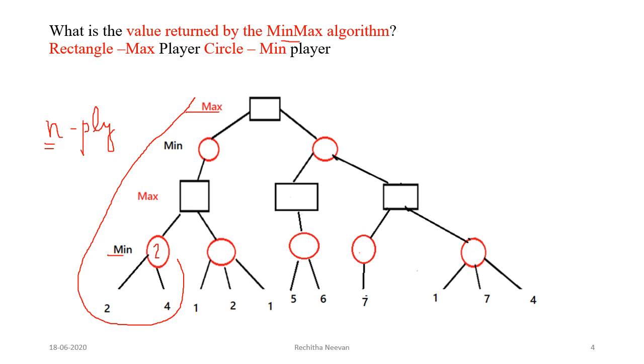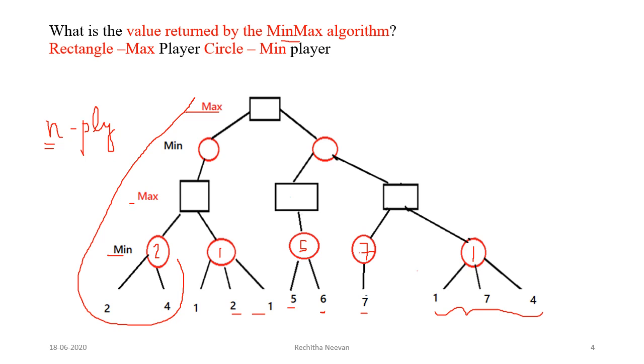And here the values are 1, 2 and 1. It selects 1. Here the values are 5, 6 and it selects 5. Here there is only one child and the value of this min node is 7. And here we have 3 children, the values are 1, 7, 4 and the min node selects 1.